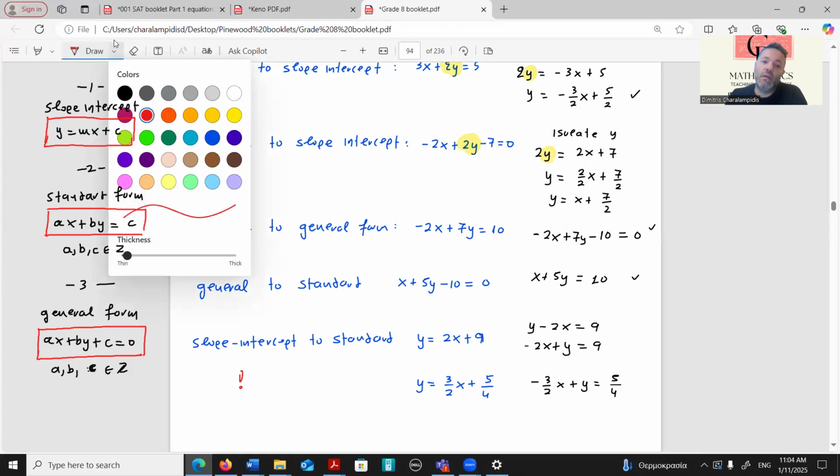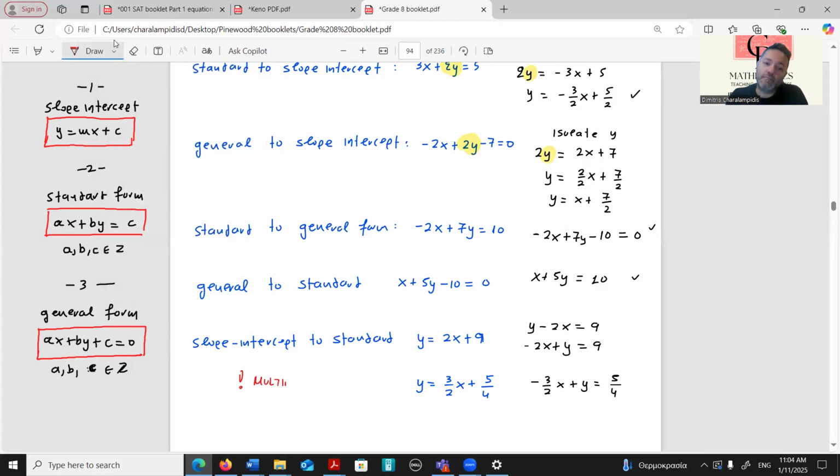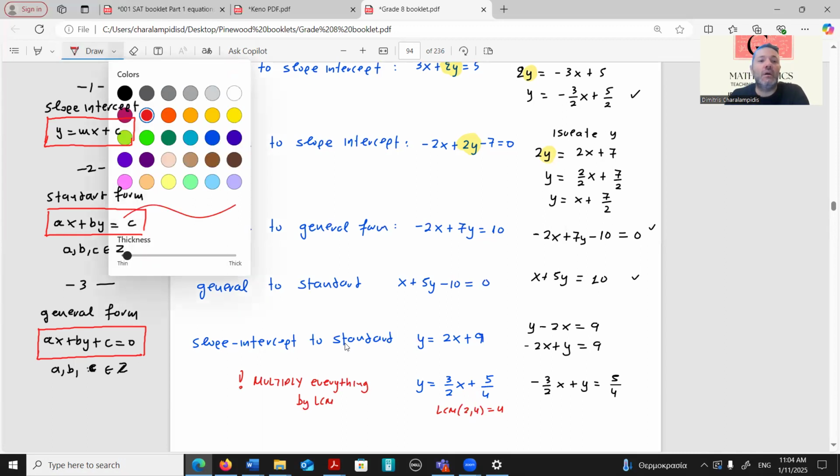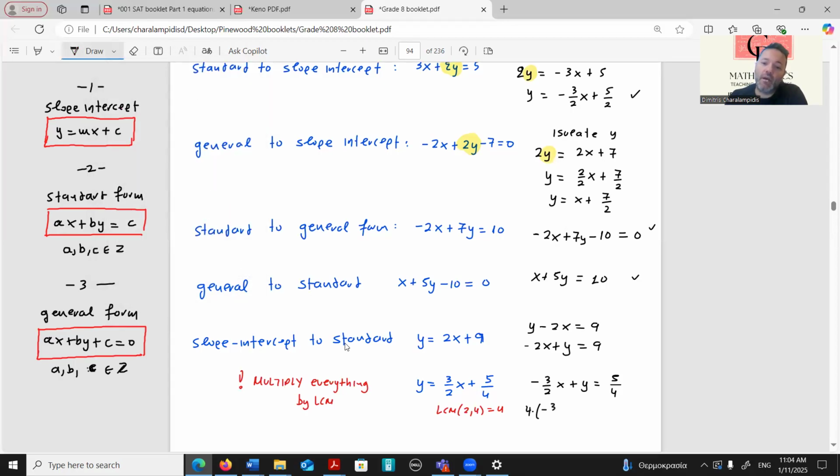I should multiply everything by the LCM of the denominators. In this case, the LCM of 2 and 4 is 4. So I'm going to multiply everything by 4. 4 times minus 3 over 2 x plus 4 times y equals 4 times 5/4.